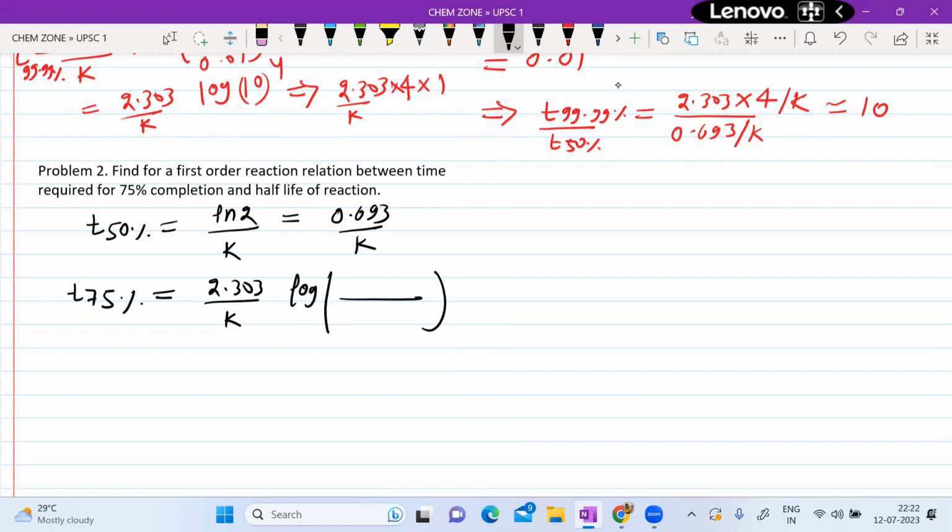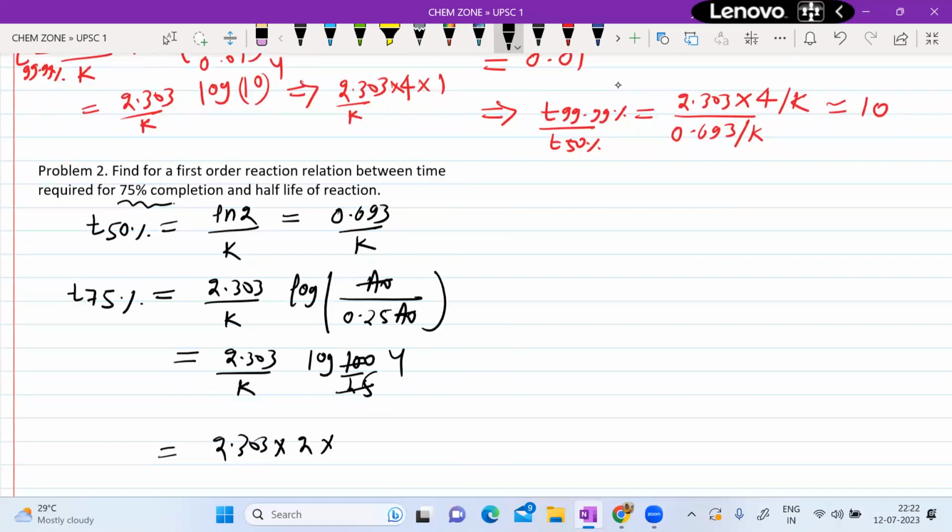The reaction is 75% complete. Means if you assume A0 as 100, or you don't need to assume, the At will be 0.25 A0. You will find it as log 4.